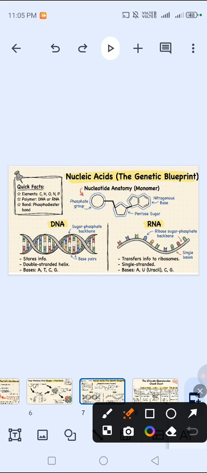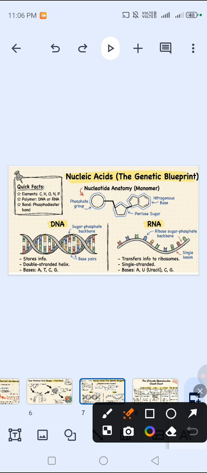Okay, so the chemical bond here, you can see, is the phosphodiester bond. Okay, and the monomers are basically the nucleotides, made up of 3 parts: the phosphate group, the pentose sugar, and the nitrogenous base.